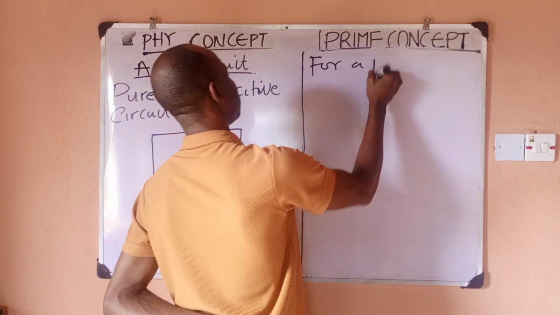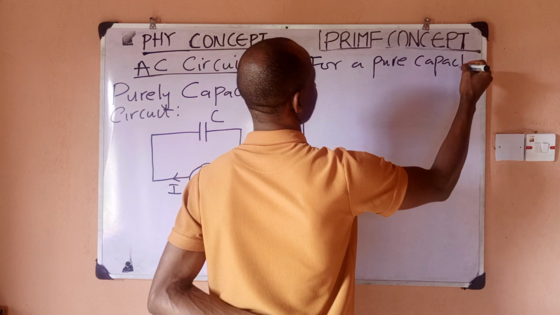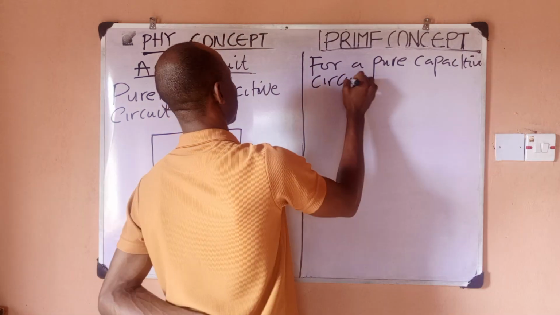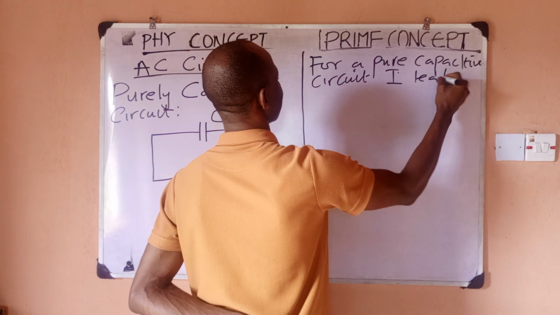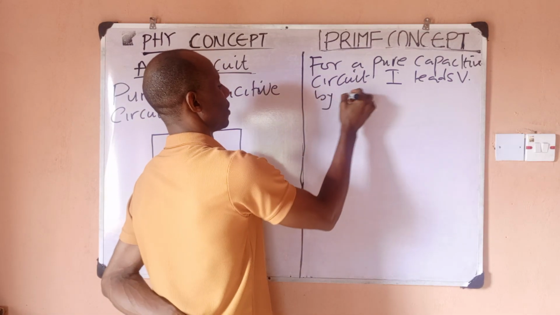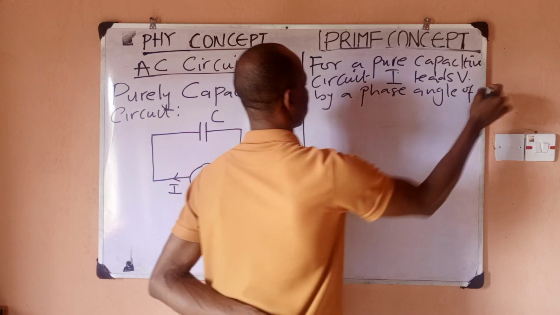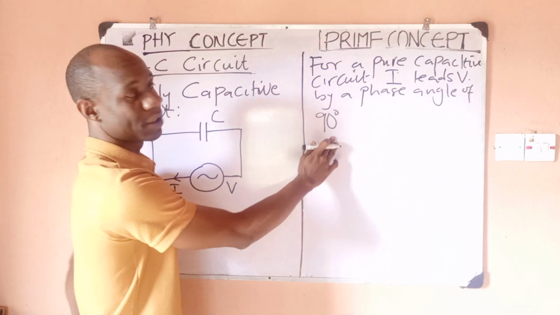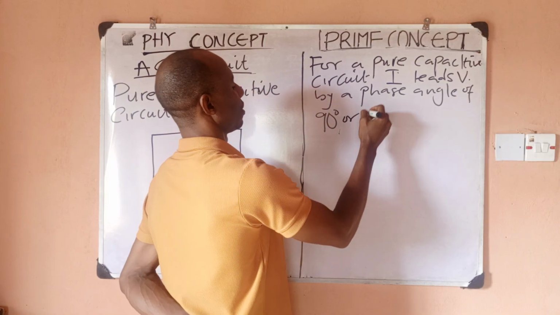For a purely capacitive circuit, current leads voltage by a phase angle of, you can say 90 degrees, because the equivalent of 90 degrees in radian is pi over 2.